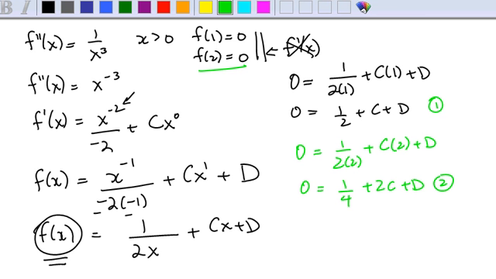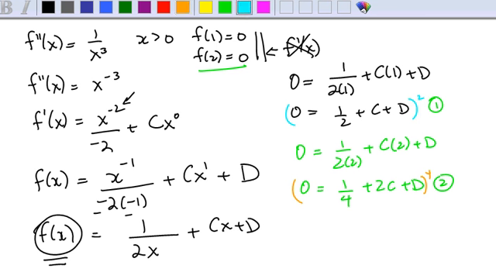And the first thing I'm going to do to each of those is to multiply by the lowest common denominators to get rid of fractions. So in this case I'm going to multiply by 2, and in this one I'm going to multiply by 4. I just think it's easier to look at without the fractions.